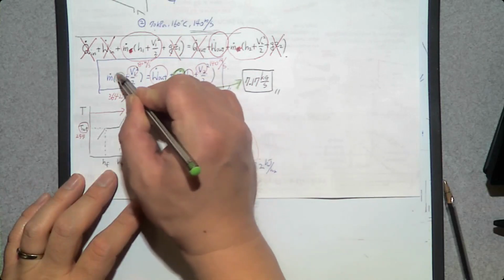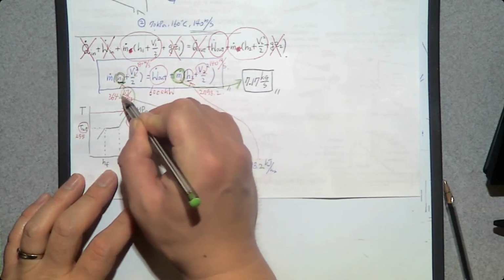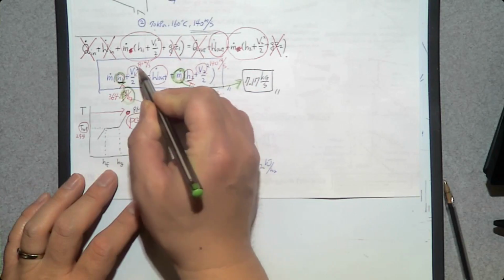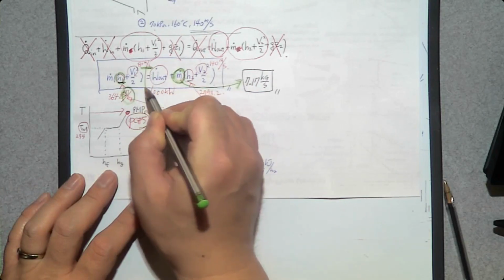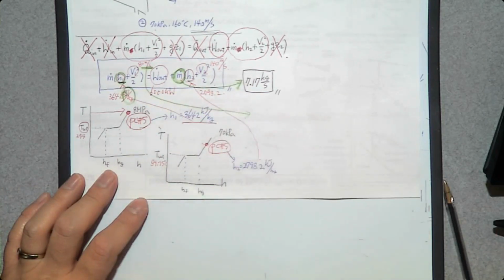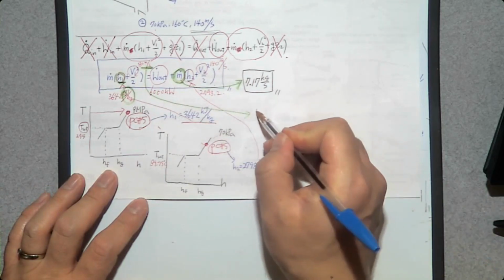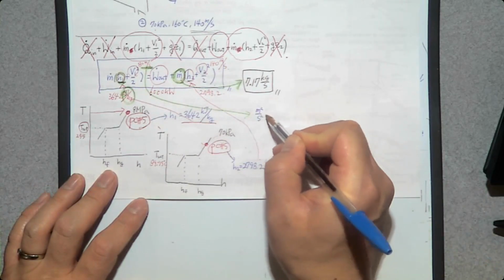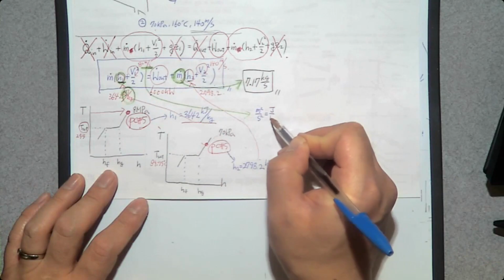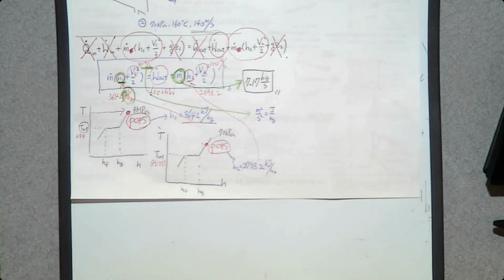So this H1 has a unit kilojoule per kilogram. So there's a kilo. But from chapter 1, we studied dimensional homogeneity, and meter squared per second squared is going to be joule per kilogram, not kilojoule per kilogram. So make sure that you divide this value by 1000 to use kilojoule per kilogram.